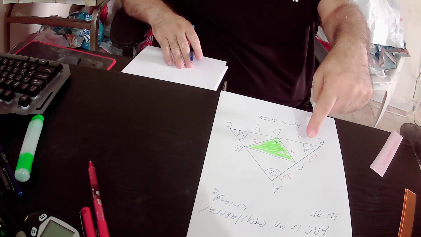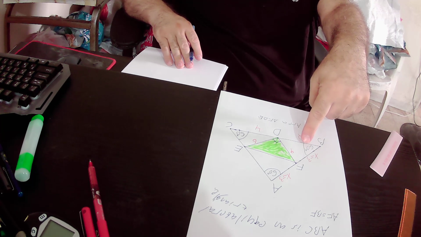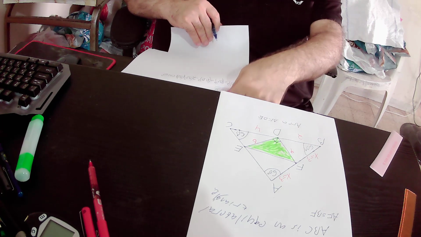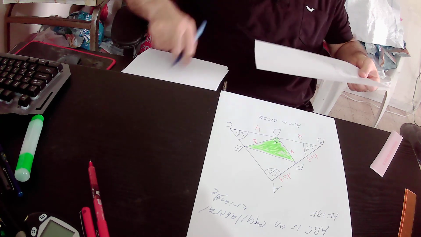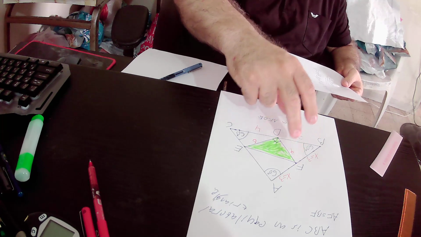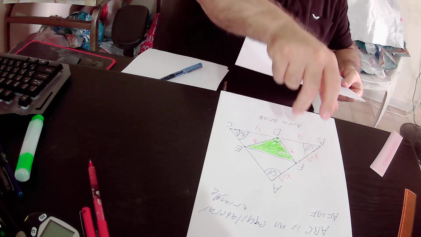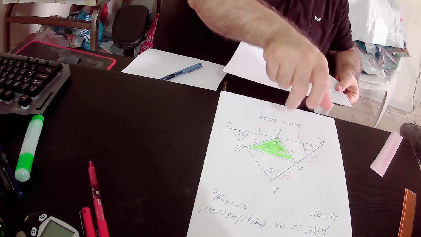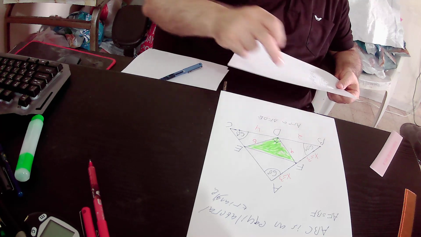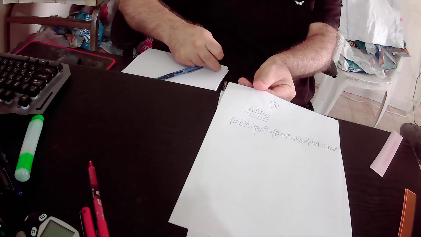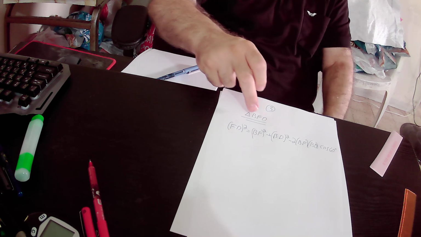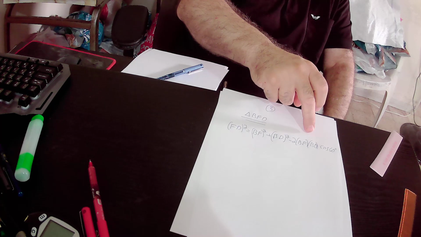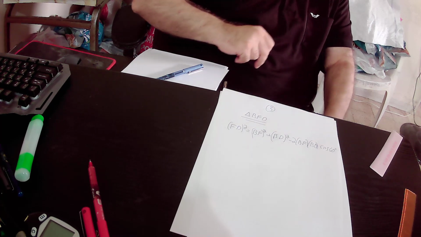Again, in triangle BFD, according to the law of cosines, FD squared equals BF squared plus BD squared minus 2 times BF times BD times cosine 60 degrees.